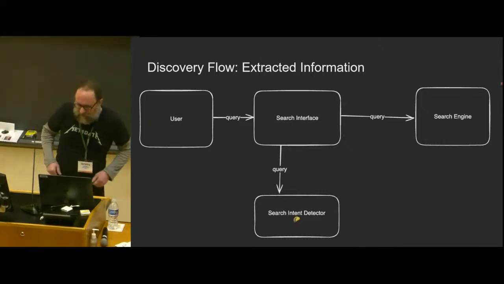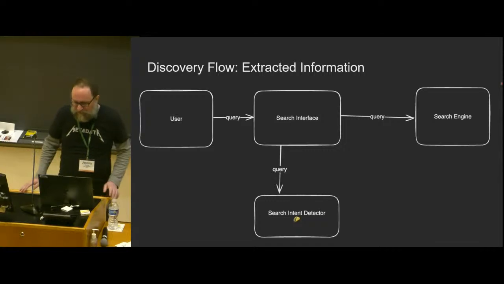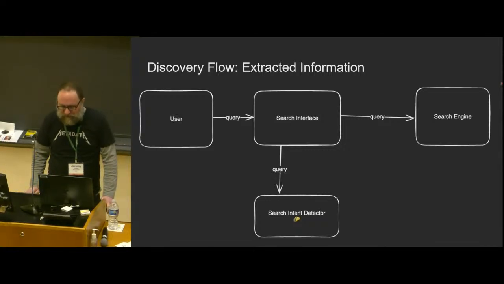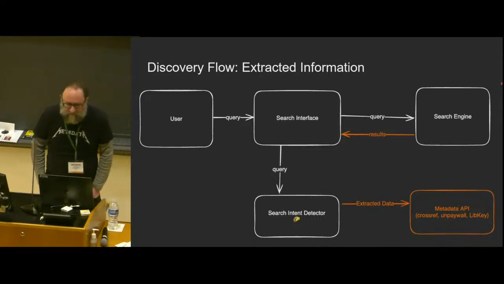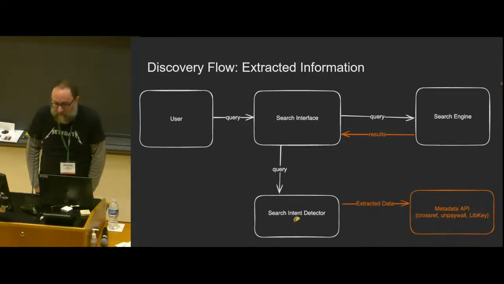What we've built so far works like this. The search interface interacts directly with a search engine, just like it does in our traditional or bento examples. The difference is that the interface also queries our intent detector at the same time. The search engine does its usual thing, returning a set of records based on the query. If the intent detector finds nothing, nothing extra happens.